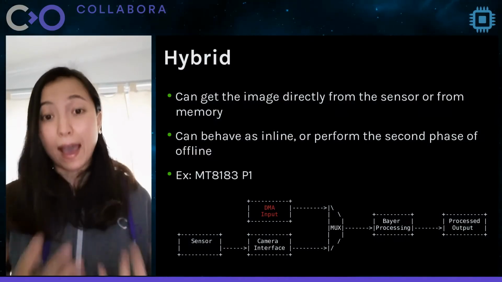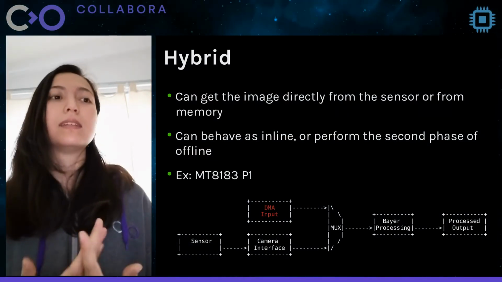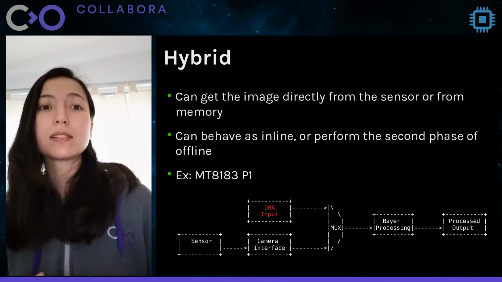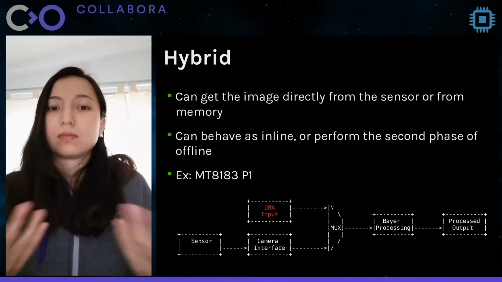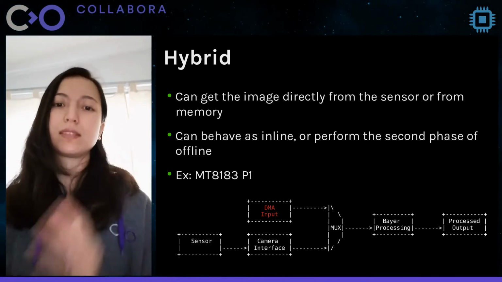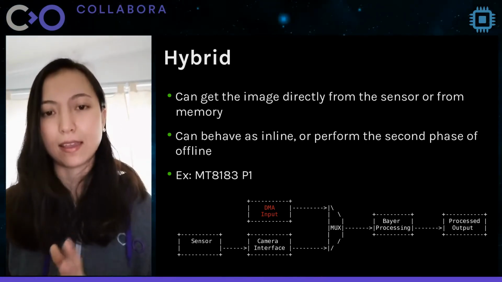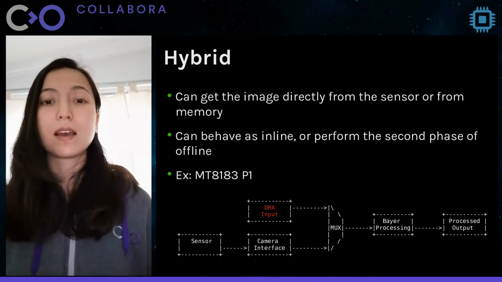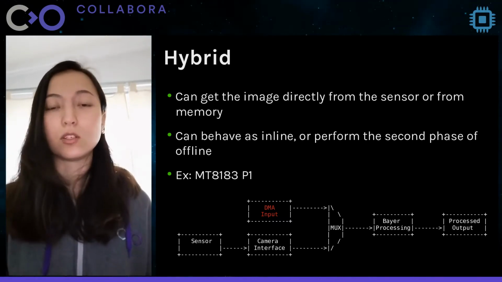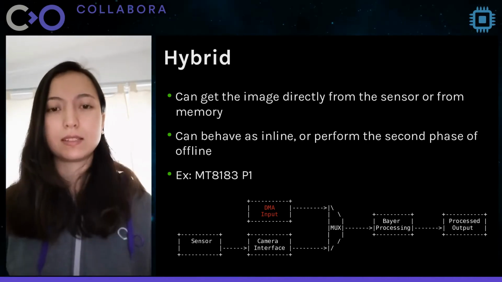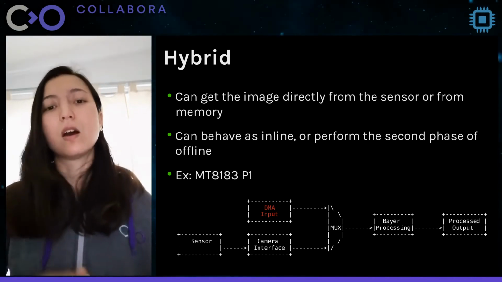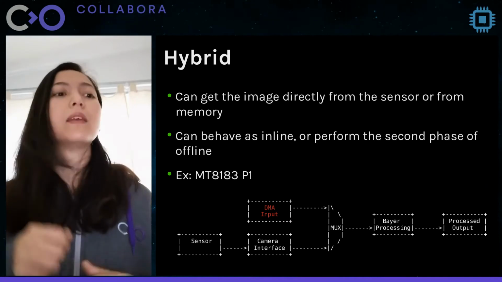So we can have hybrid devices that can get the image directly from the sensor or from the memory, and it can behave as inline or perform the second phase of an offline ISP. One example is the MediaTek 8183 PAS1 driver, which is not yet upstream, but it is published in the mailing list.